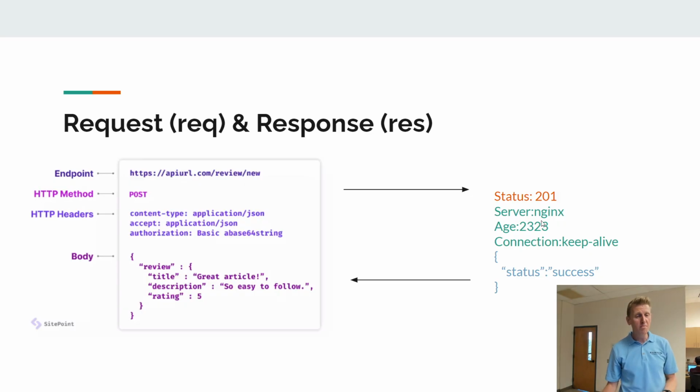Maybe some server information, like, I don't even know, I'm just going to guess NGINX. Maybe it's a Linux operating system. It's a little bit about the server, like what operating system maybe. Again, just metadata.